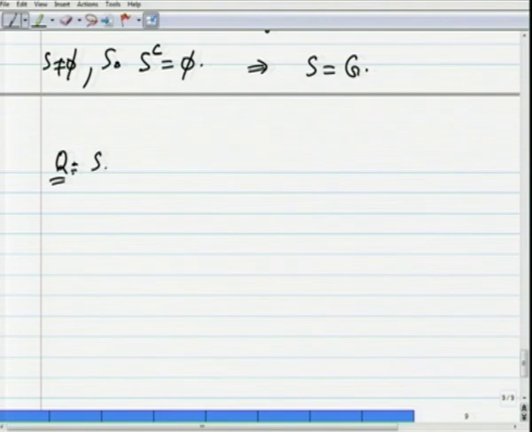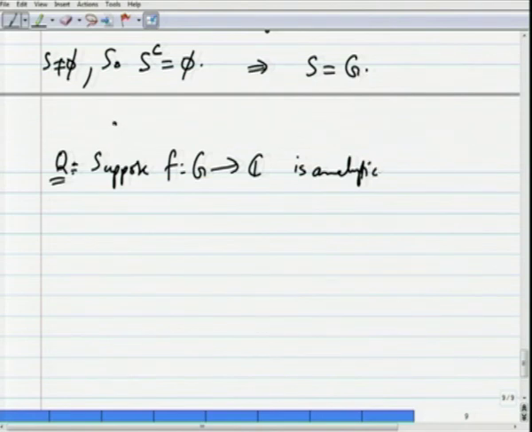Okay. So, suppose f from G to C is analytic. Okay. So, I should start with let G be a region.